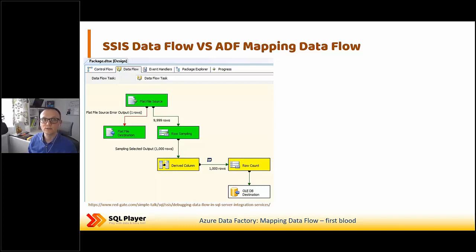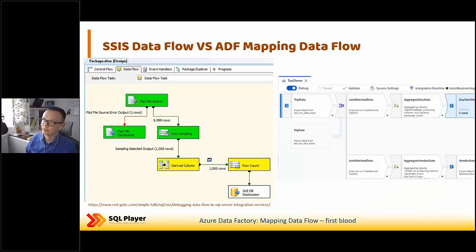And in Azure Data Factory, mapping data flow looks something like this. Obviously there are different actions happening here, but don't worry. I just wanted to show how your screen will look.